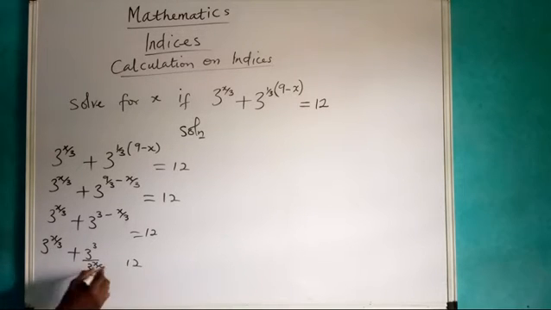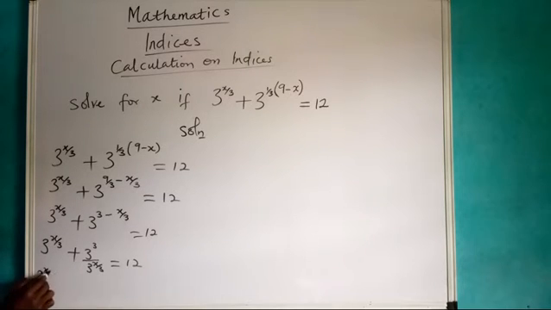Okay, for this one, I will have to multiply all through by this denominator, that is 3 power s over 3. Therefore, I will have 3 power s over 3 times 3 power s over 3.